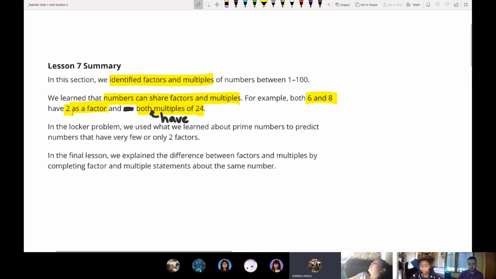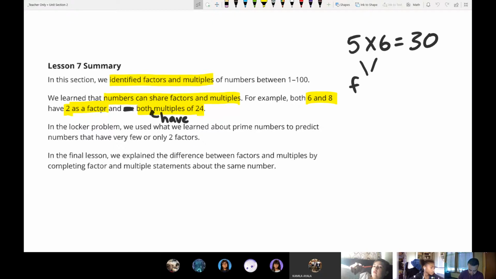So we're close. We're thinking of 2 as the factor, right? Remember in our factor, if we had like 5 times 6 equals 30, these are the factors. This is the multiple of each of those factors, right?